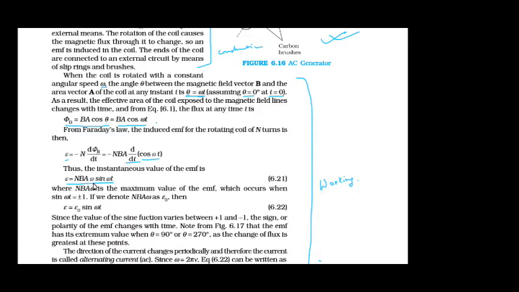NBA is already there, and the differentiation of cos omega t gives minus omega sin omega t, with the minus signs cancelling. Here NBA omega is the maximum value of the EMF, which occurs when sin omega t is plus or minus 1. If we denote NBA omega as E naught, or E0, then we can write E equal to E0 sin omega t.